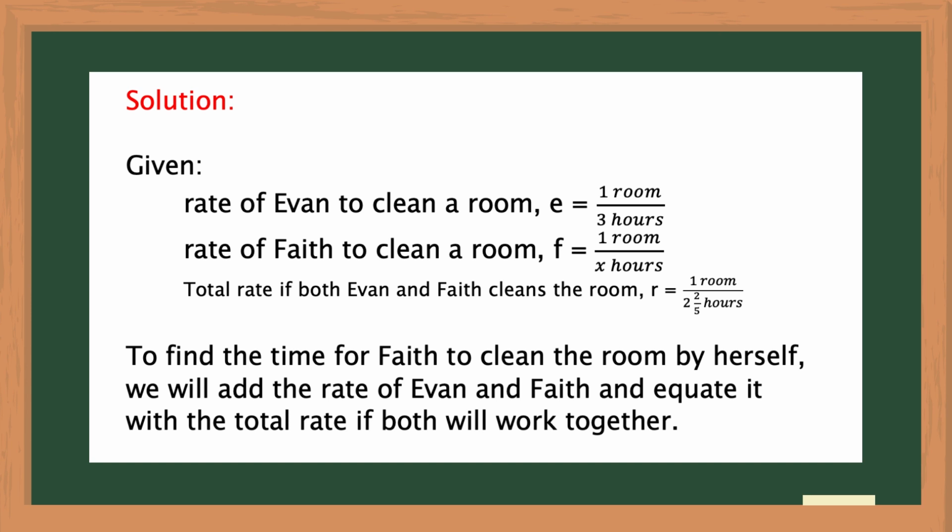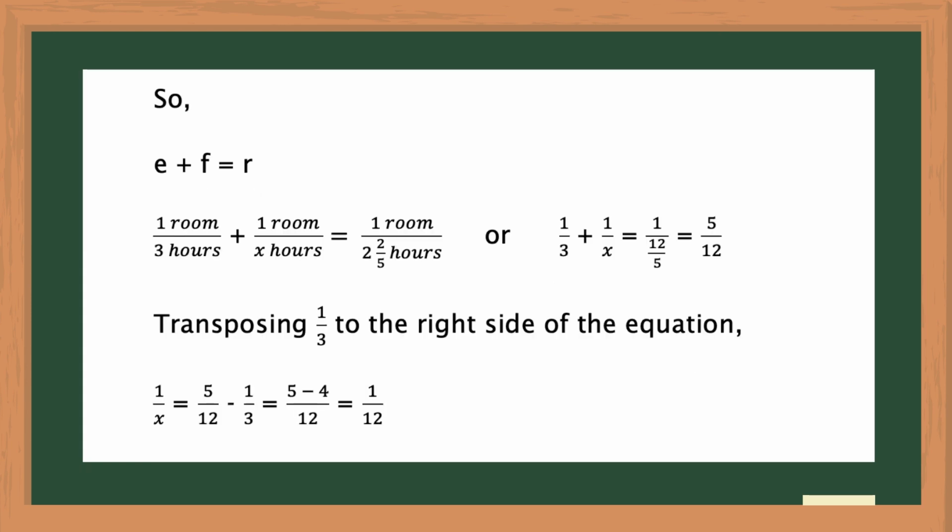And then the total rate if both Ivan and Faith clean the room, R, is equal to 1 room over 2 and 2/5 hours. To find the time for Faith to clean the room by herself, we will add the rate of Ivan and Faith and equate it with the total rate if both will work together.